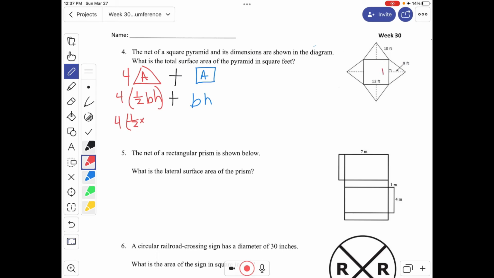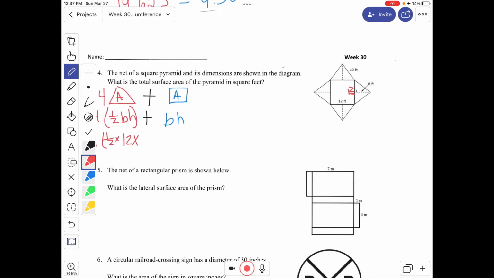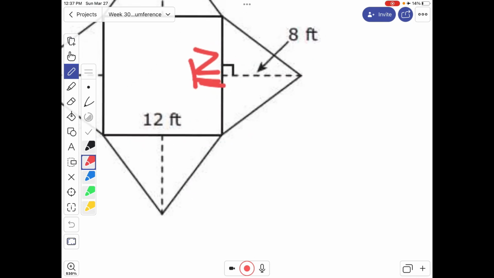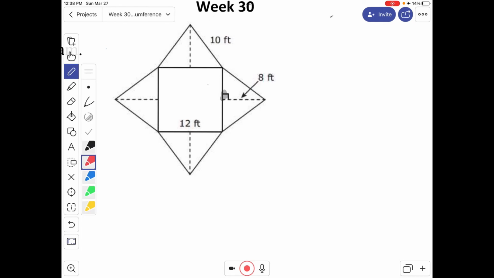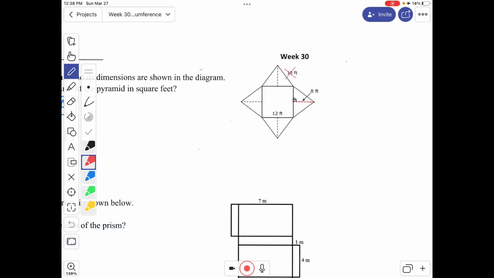Well, since it's a square, all of the sides are 12, so the base of the triangle is 12. And the height of the triangle always has to be where that right angle is. See the right angle? It's marked by a little square. Right there. So this is the height. This is extra information that they're trying to confuse you with. So the height of the triangle is 8.